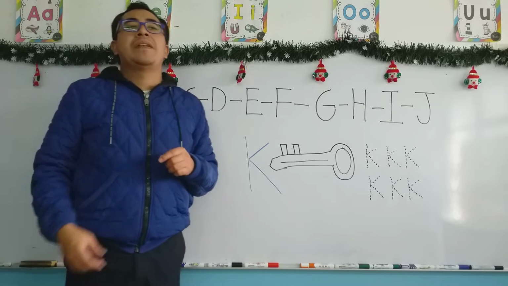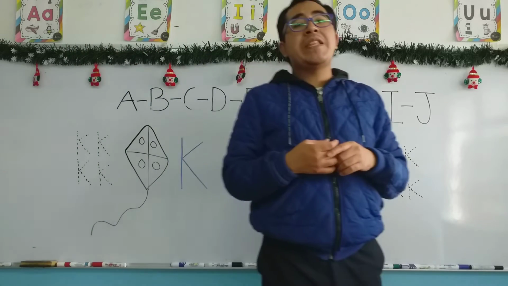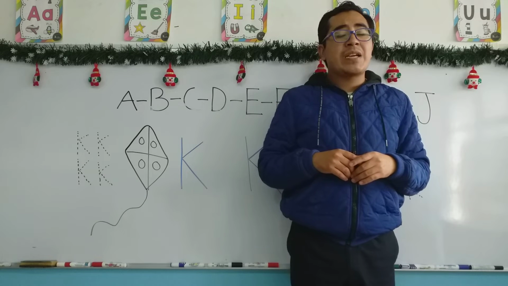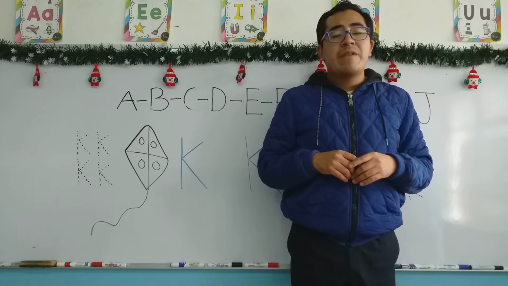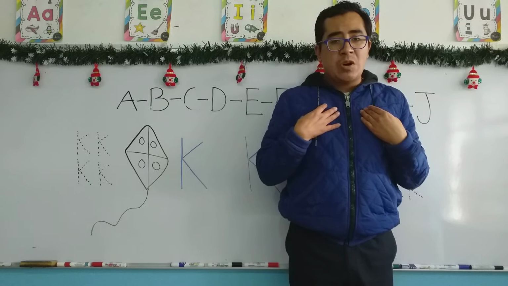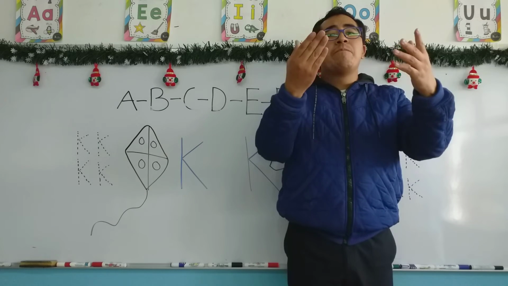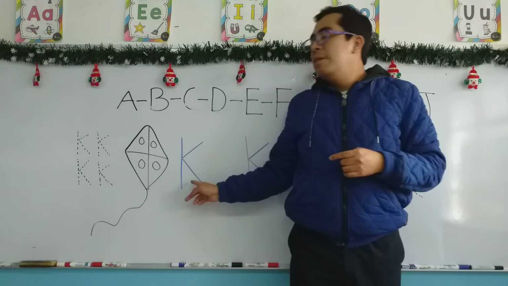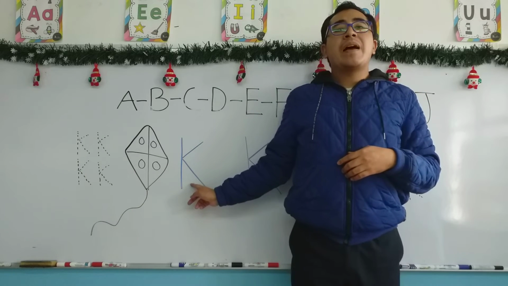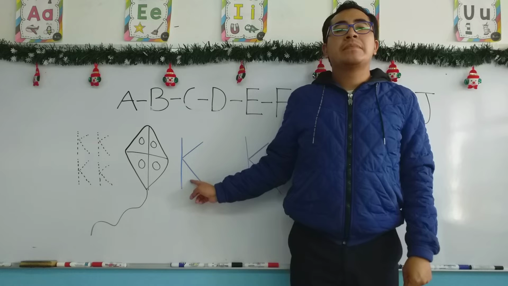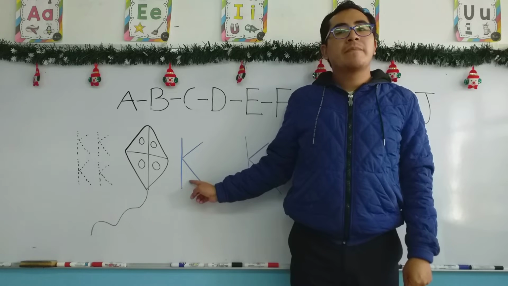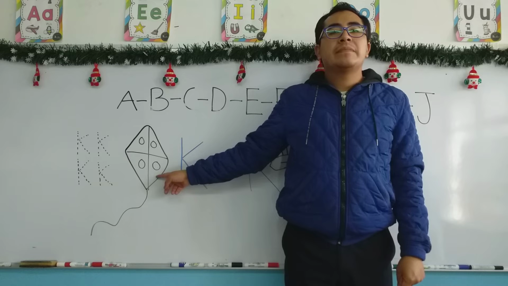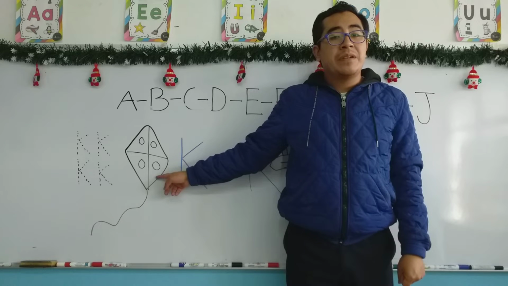Very good. Now, before I explain the activities of today, let's have our pronunciation exercise. Remember, for this, the teacher Jacob says it first. Please repeat after me. Capital K. Kite. Very good.